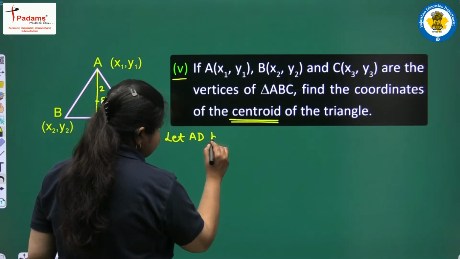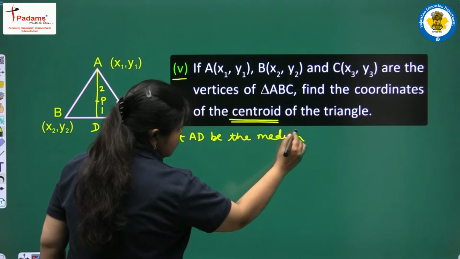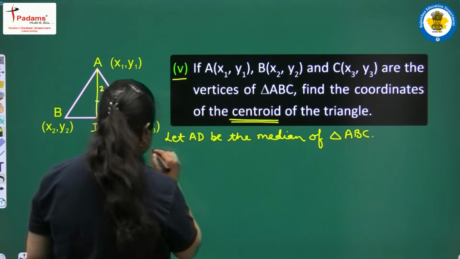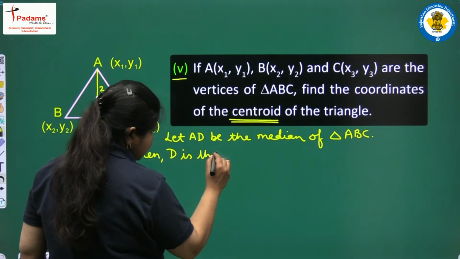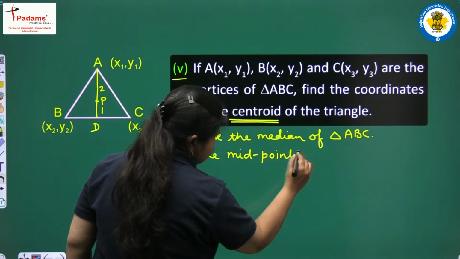So we write here, let AD be the median of triangle ABC. Then D is the midpoint of BC.